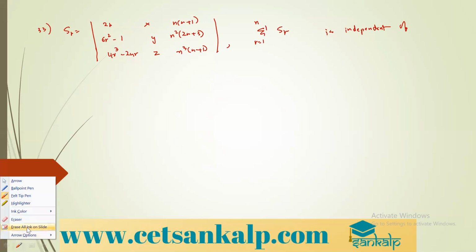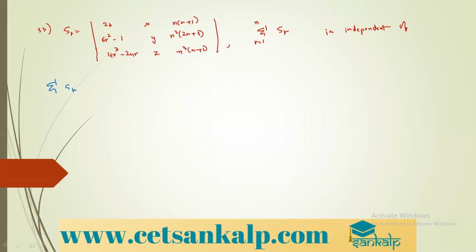So mainly it is independent of what? That is what you have to find. So for that, clearly, if you want to take the sum of SR, R is only going to get affected from 1 to n. That means the first column only will get affected. Sum of 2R, R equal to 1 to n.